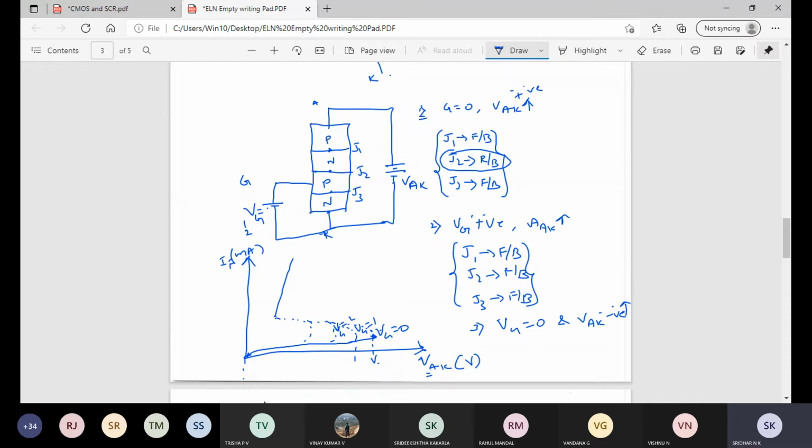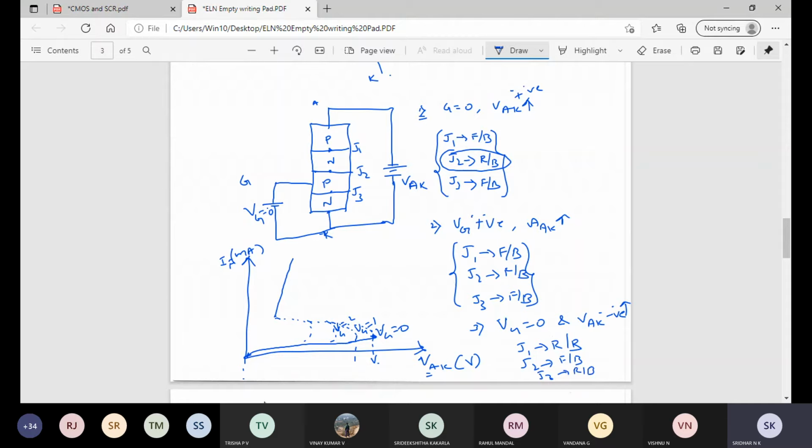That means I am applying Vg as 0 and VAK will be negative, so this will be minus, plus, and this will be 0. For this, junction J1 will be reverse biased, junction J2 will be forward biased, and junction J3 will be reverse biased.